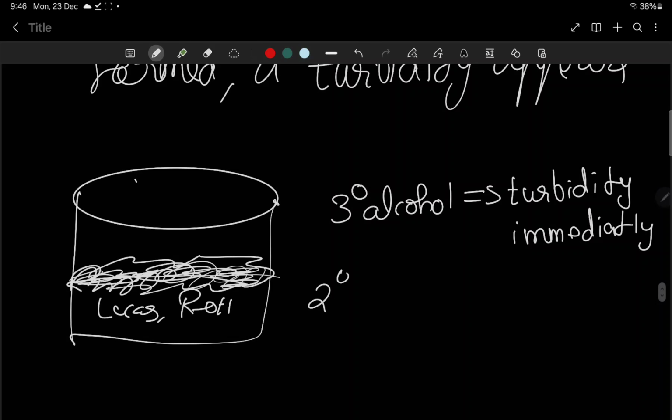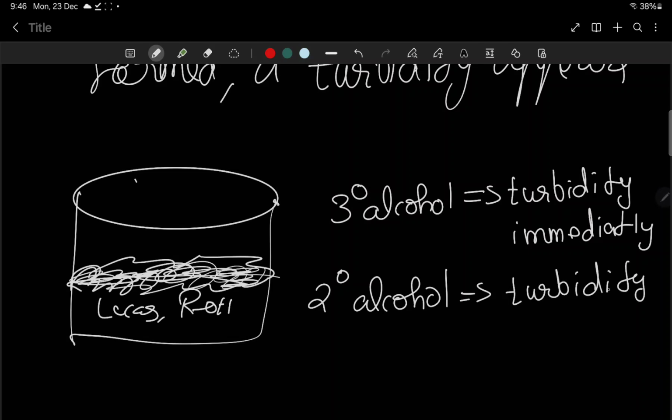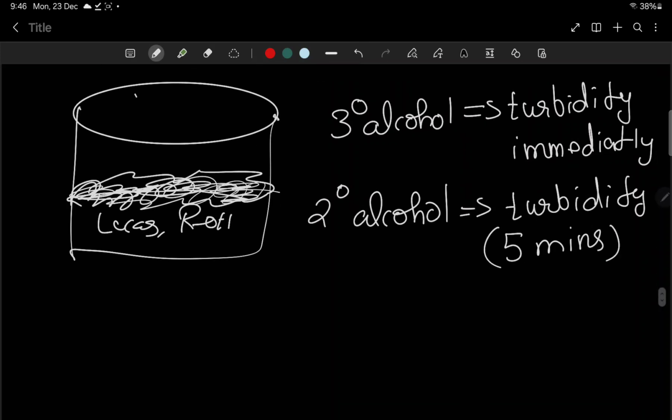Now, secondary alcohol, if we are using, we get turbidity, but not that fast. We get turbidity within 5 minutes. If we are using primary alcohol with Lucas reagent, what happens?